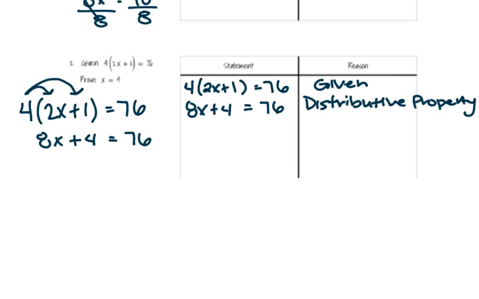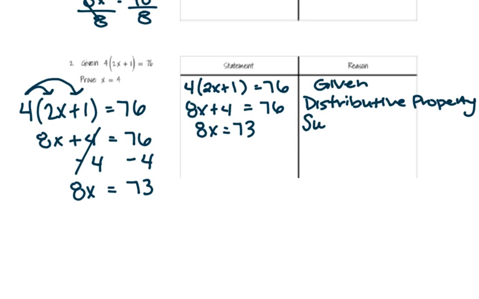Okay? Alright. The next thing we're going to do is subtract 4 on both sides. Okay? So now we're left with 8x equals 73. So what did we do there? We subtracted. So subtraction property, I'm going to say of equality. I'm just going to put an equal sign. Okay? Then we're going to divide by 8.